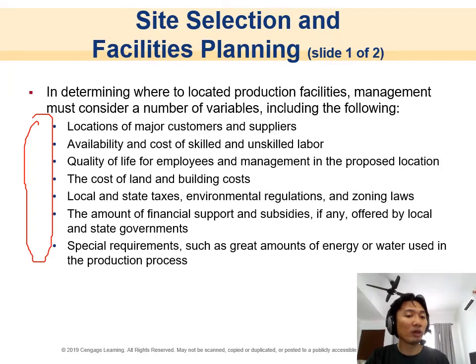They will also look into special requirements, such as whether they need a huge amount of energy or a huge amount of water, so they have to find a location that fits these kinds of factors. These are some of the main factors that would decide where we would build our new factory.